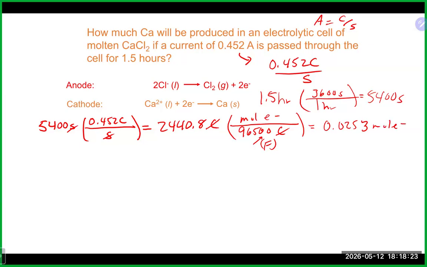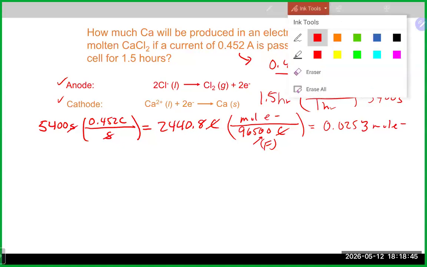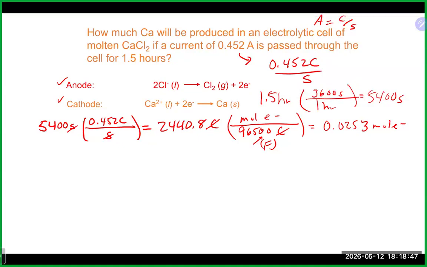I would say this is a pretty standard start to these types of questions. Again, the goal here is to get to moles of electrons, because now we can use our half reactions to figure out how much we're going to produce. In this particular problem, we're interested in calcium, which is our cathode.